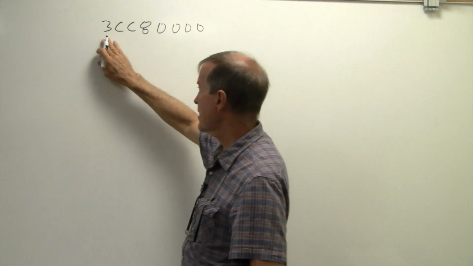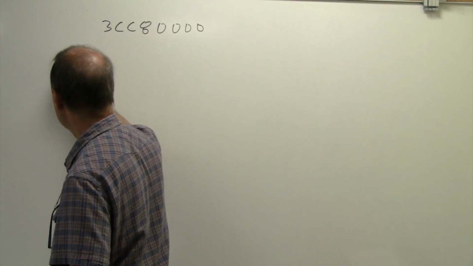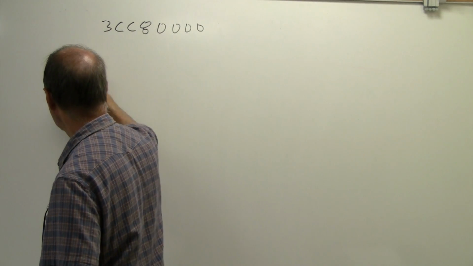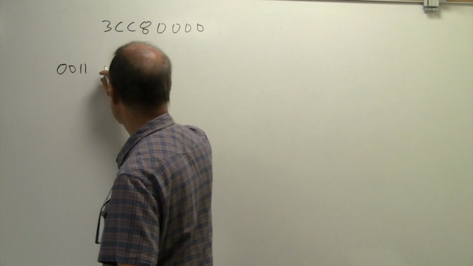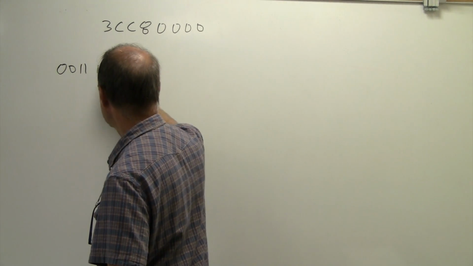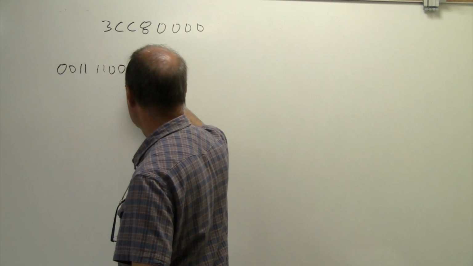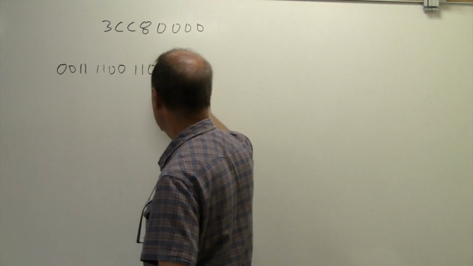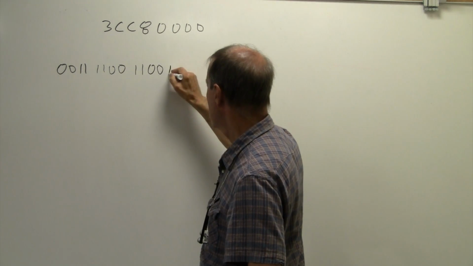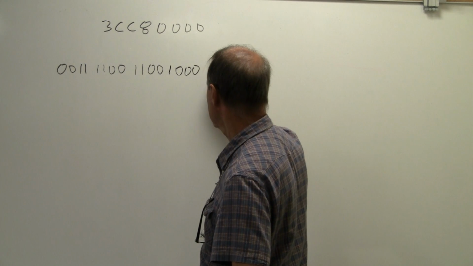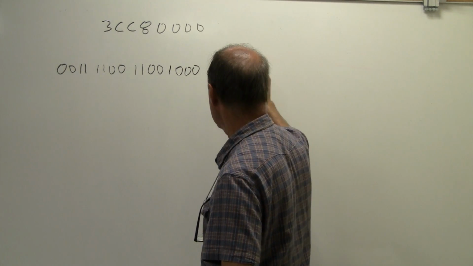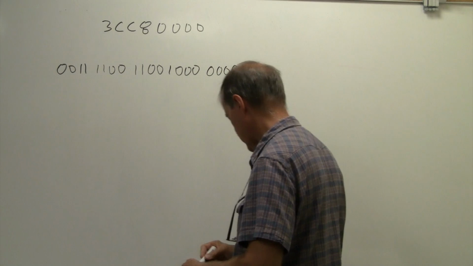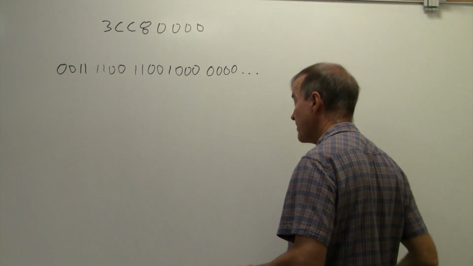So we expand this out, so 3 is what? 0011. Remember what C was, we just did? 1100. Another 1100. And 8 is what? 1000. 0000, and so on.